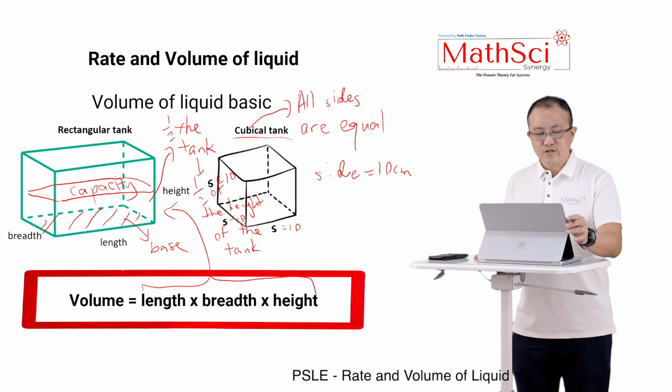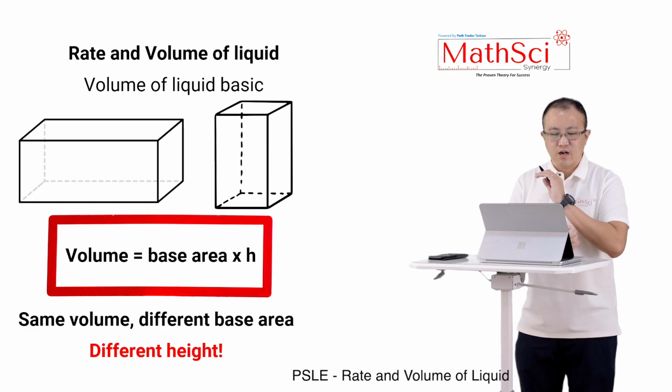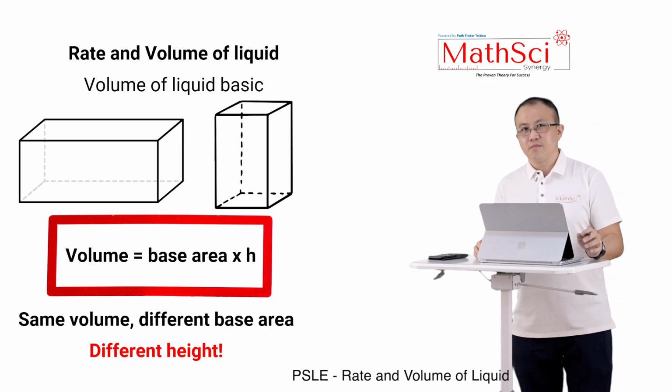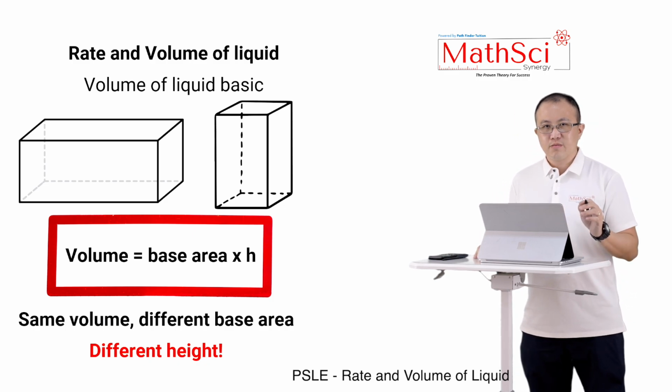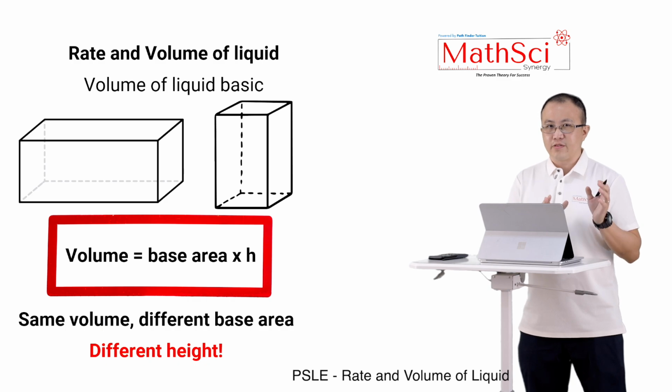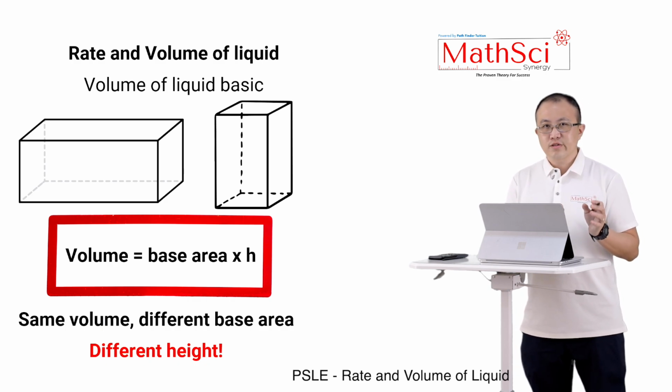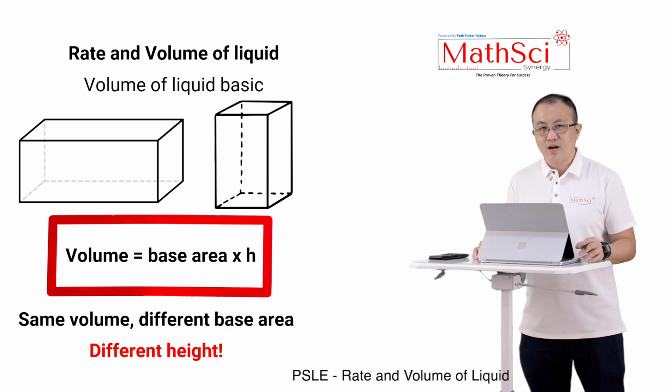So let's move on to the next page, where I'm going to talk about something that is extremely important to you. Let's talk about the same thing, the volume of the rectangular tank. There is a quick way to find the height. What do I mean by that?